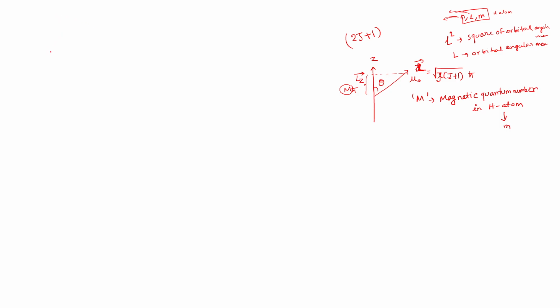Obviously the selection rule is delta J plus minus 1, and for mu Z, the dipole moment along the Z direction, delta M is 0, and for mu X and mu Y, delta M is plus minus 1. But eventually you will see that the main thing is delta J plus minus 1.